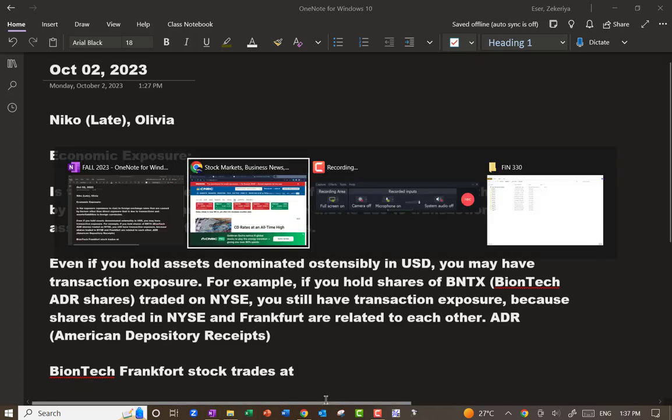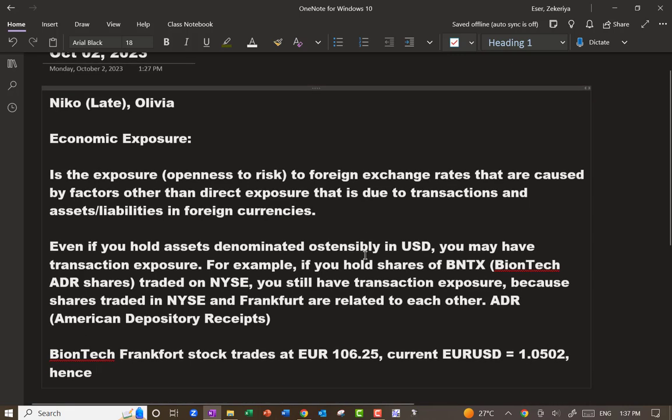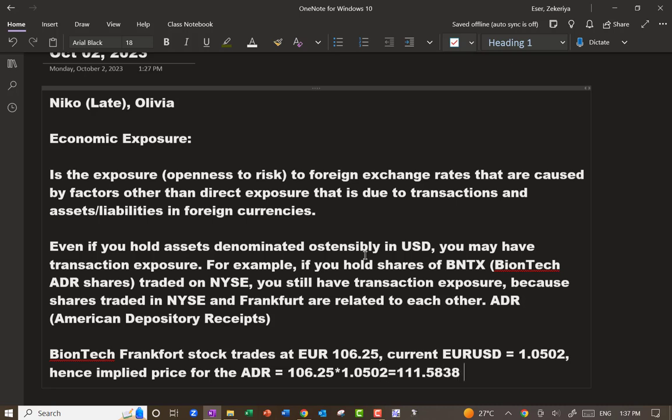The stock trades at €106.25, hence the implied price for the ADR equals 106.25 times 1.0502, so 111.58.